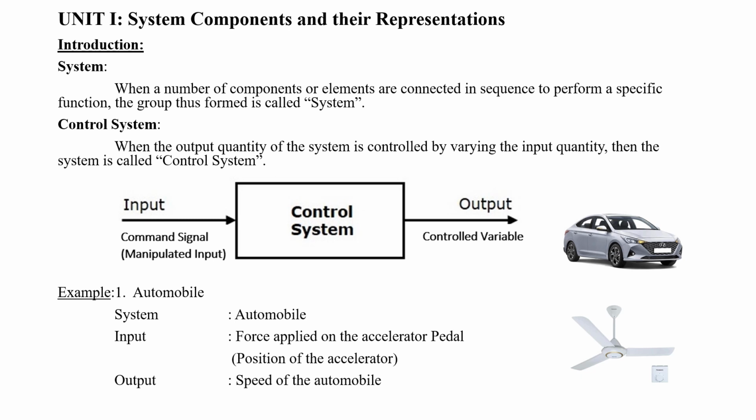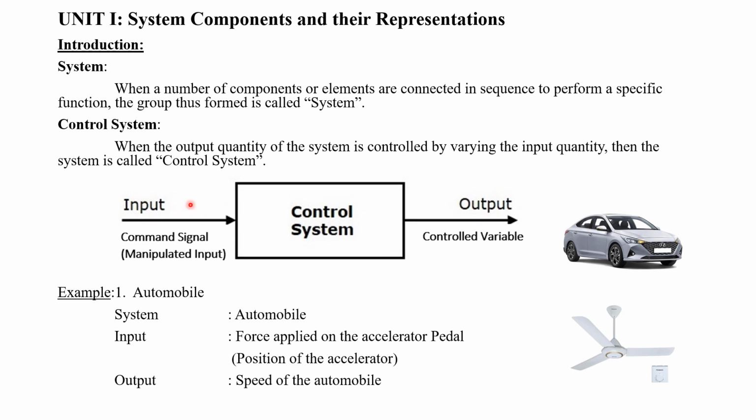Then what do we mean by control system? A control system is a system whose output quantity is controlled by varying the input quantity. See, this is the representation of a control system. It has an input quantity and also an output quantity. The output quantity can be varied by varying the input quantity.